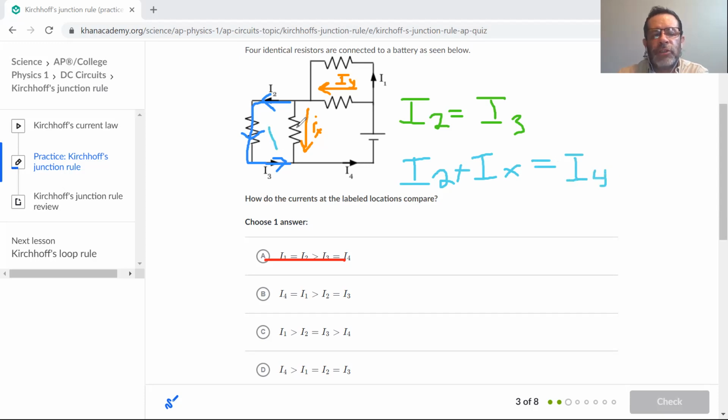The sum of these two going into this junction has to be equal to I4. On the other hand, over here on this junction, there's also a division. So I1 plus, let me just make sure I'm not confused. This is a 4, not a Y.